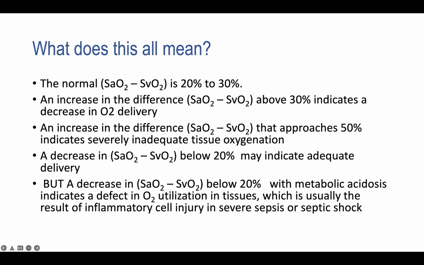So a decrease in SvO2 below 20% might mean you did a great job, but you don't know that until you look at whether or not the patient has acidosis, because a decrease in the SA minus SV below 20% in persistence with metabolic acidosis means that you now have a problem using oxygen at the cellular level, and you're shunting from artery to vein without releasing oxygen.